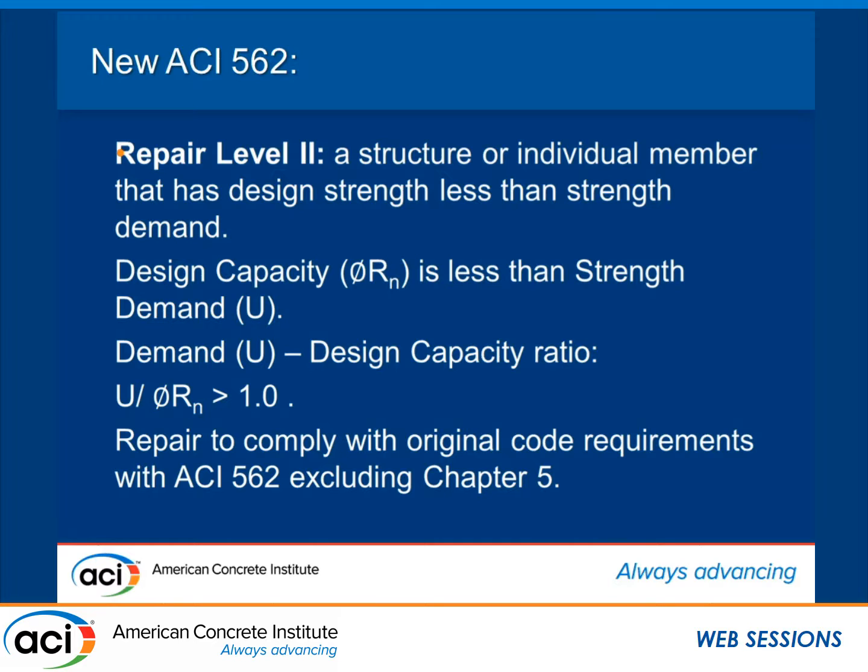Your repairs would need to comply with the original building code requirements, with 562 excluding Chapter 5, which reference ASCE 7-10 loads and specific phi factors. When you are using new codes, use new phi factors or the phi factors in Chapter 5.